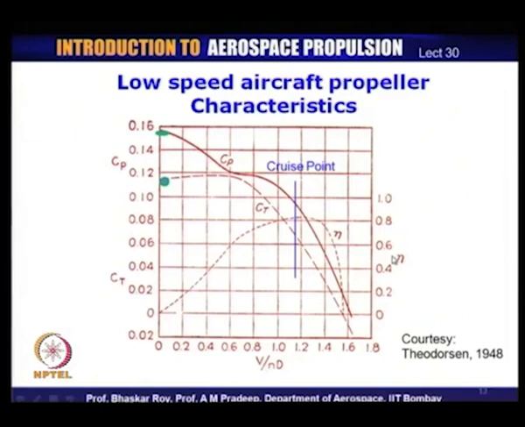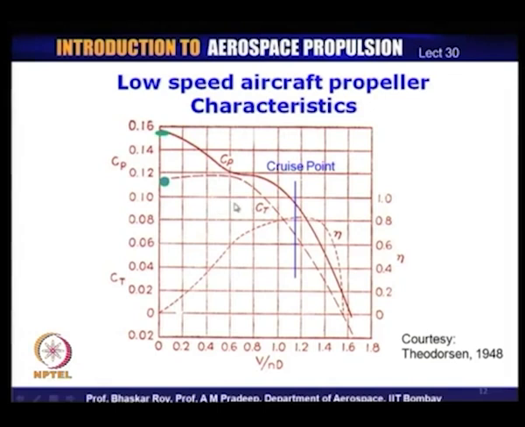A typical low speed aircraft propeller characteristic is being shown here, in terms of CT and CP. The CT, of course, as we have seen, is the thrust coefficient, and CP is the power coefficient.